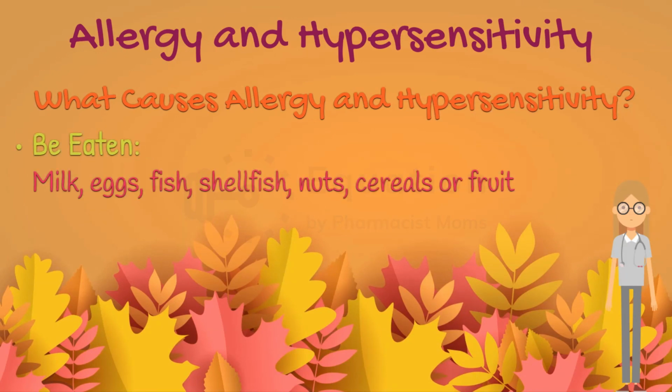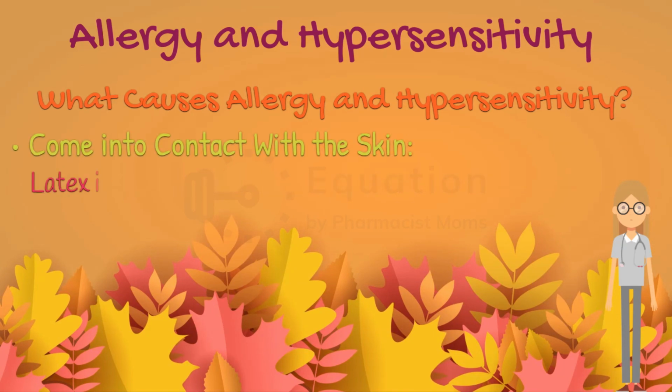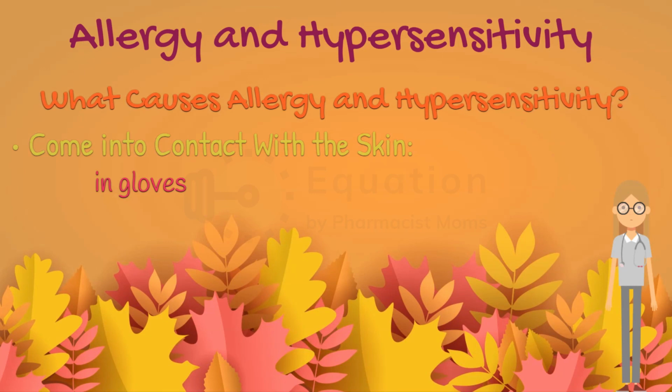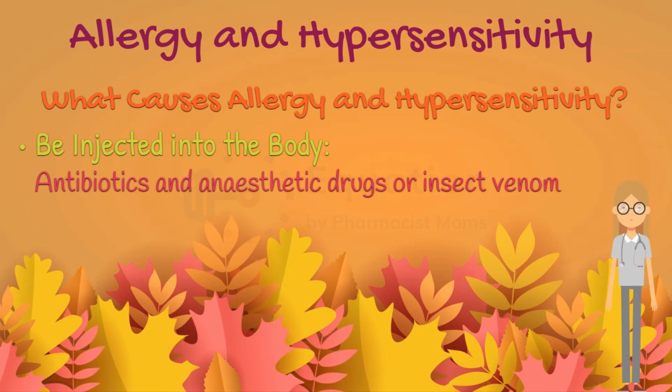This includes things such as milk, eggs, fish, shellfish, nuts, cereals, or fruit. Come into contact with the skin, for example, latex and gloves. Be injected into the body. This can include drugs, such as antibiotics and anesthetic drugs or insect venom.